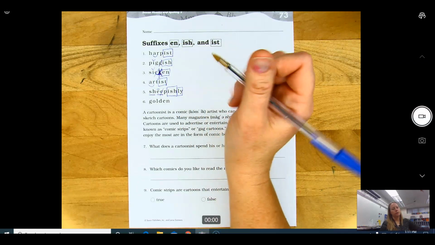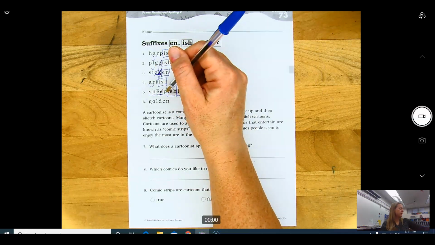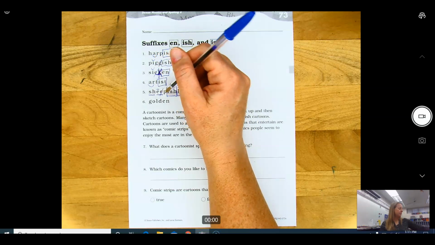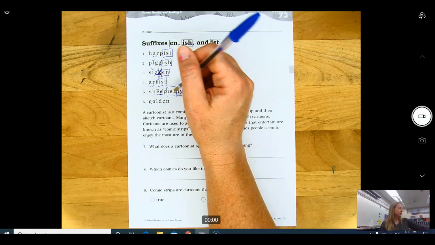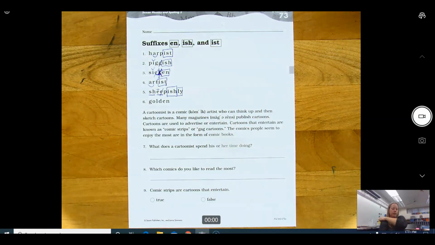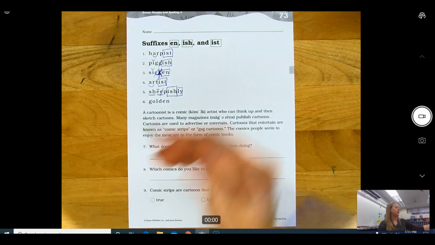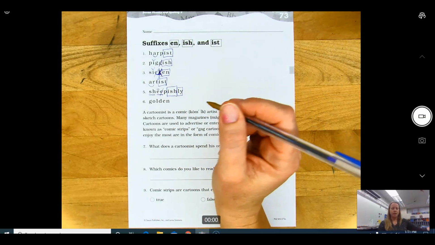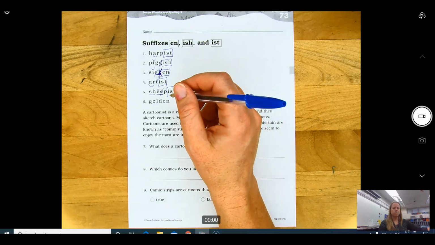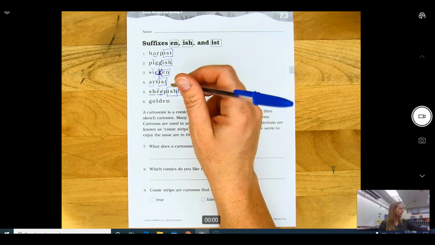EE says the long sound. So my root word or base word says sheep, sheepishly, sheepishly. Okay. So sheepishly, possibly somewhat shy in a sheepishly kind of way, because sheep are quiet.